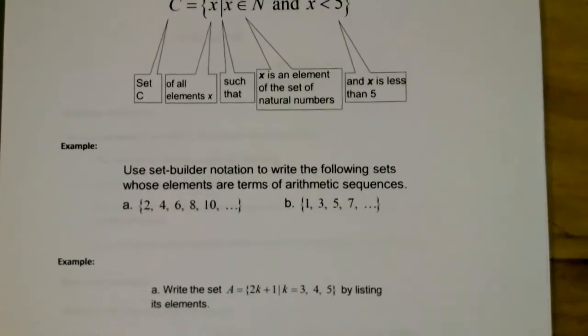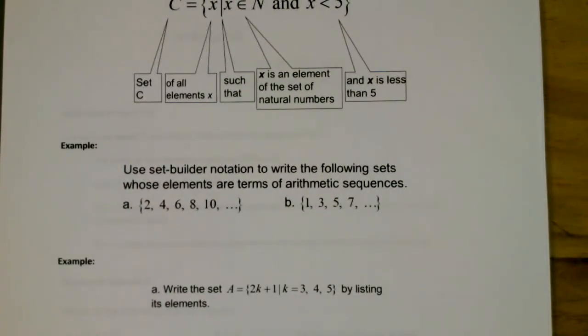Now, here's a couple of examples of taking a set where we use the listing method and writing it in set builder notation. Like in this case here, we want to use set builder notation to write the following sets whose elements are the terms of an arithmetic sequence.